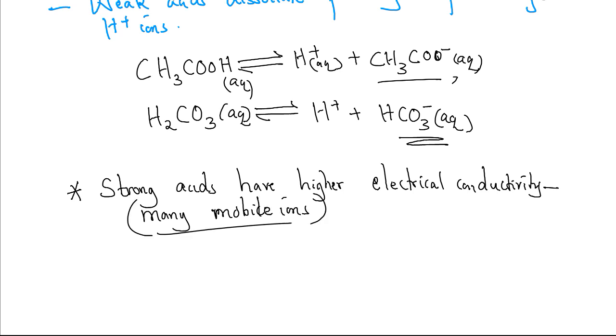We have mentioned there that they ionize to give many hydrogen ions. So, the number of mobile ions that they give in solution are higher compared to the ones for weak acids.